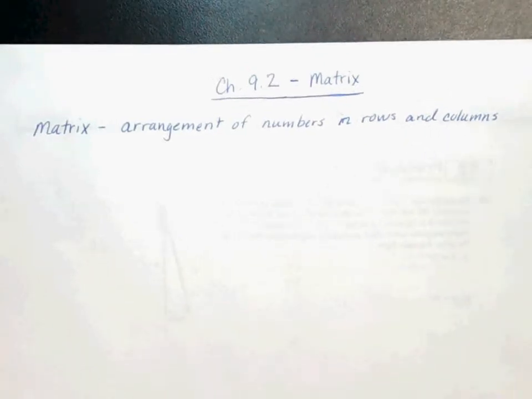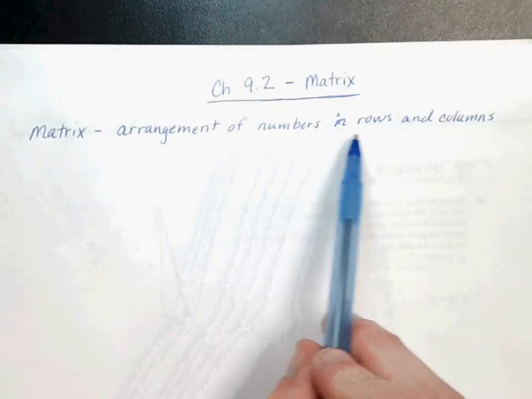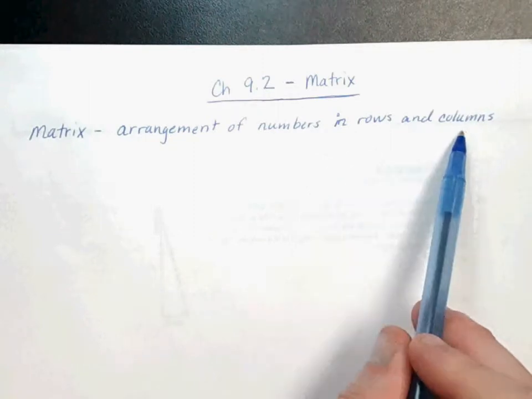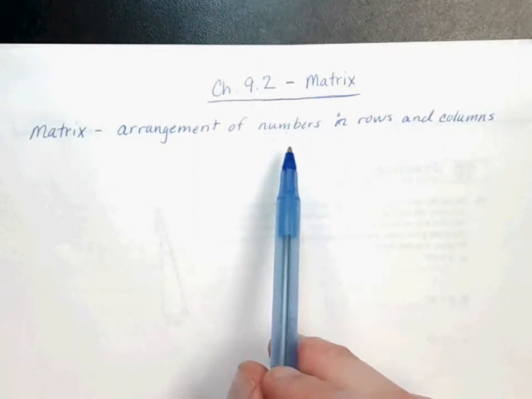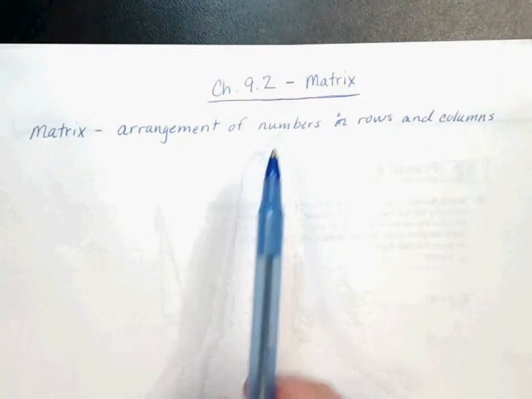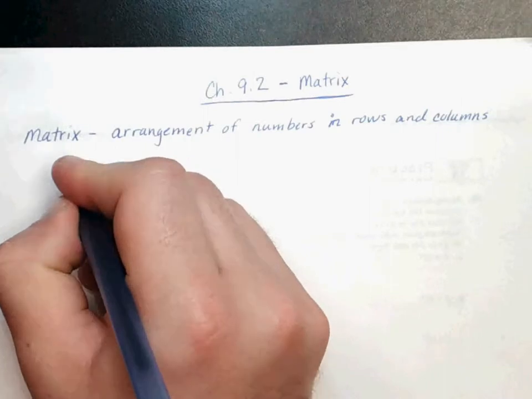So, a matrix is an arrangement of numbers in rows and columns. Now, sometimes these numbers can also be variables. So, this would be an example of a matrix.